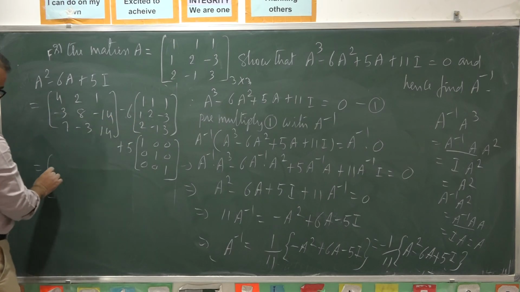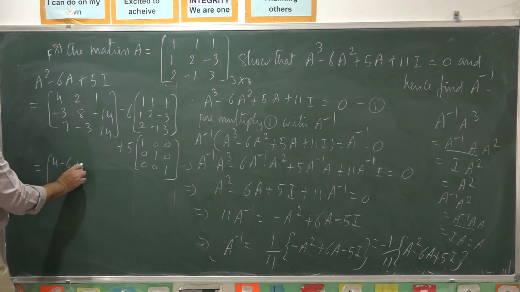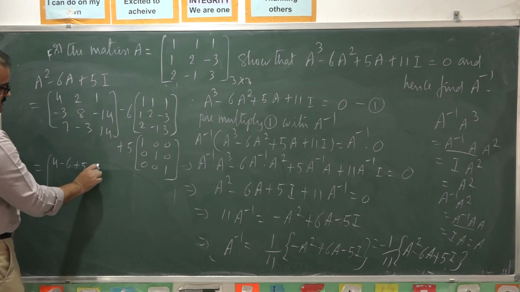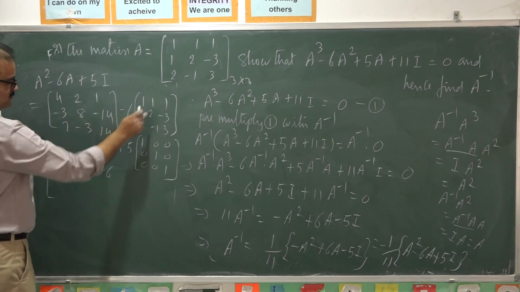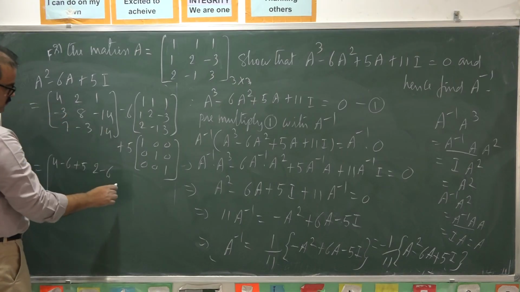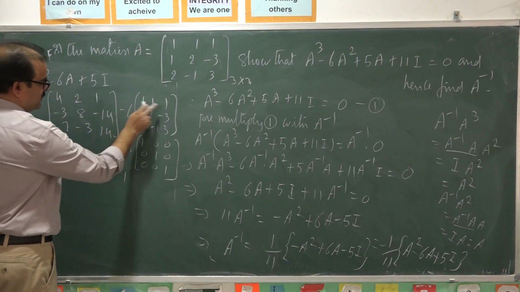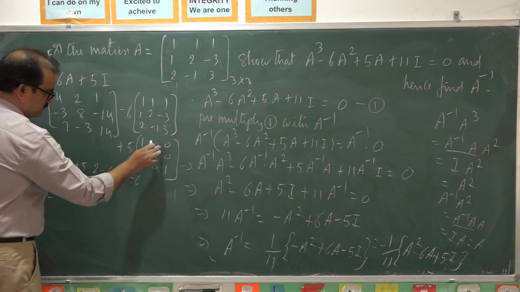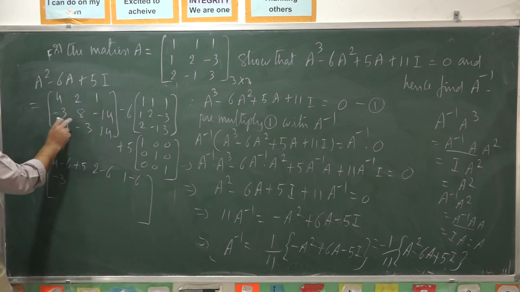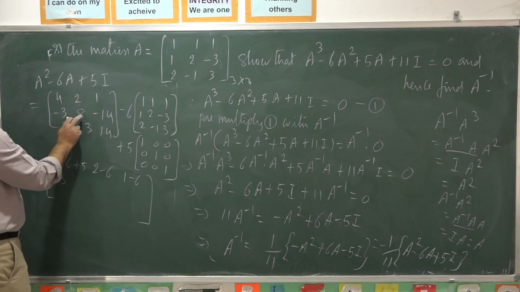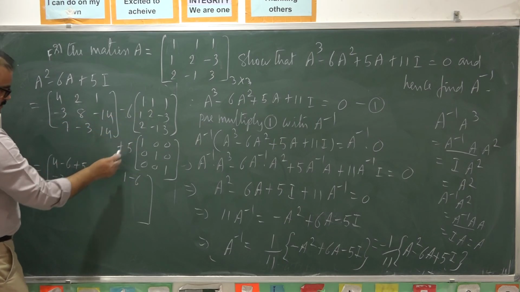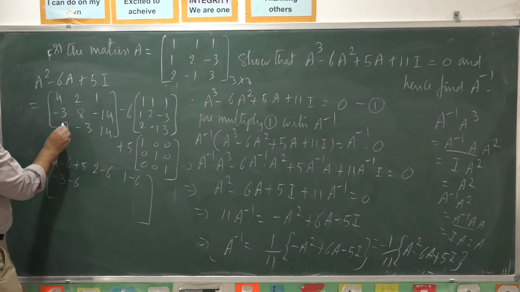Four minus 6 plus 5. Next 2 minus 6 plus 0. Next 1 minus 6 plus 0. Next you add corresponding elements, minus 3, minus 6 plus 0.